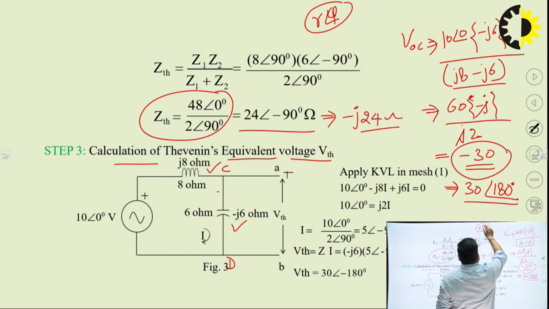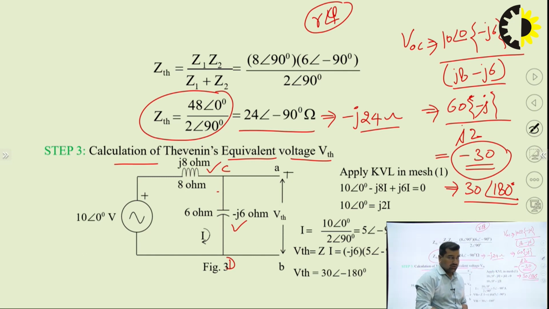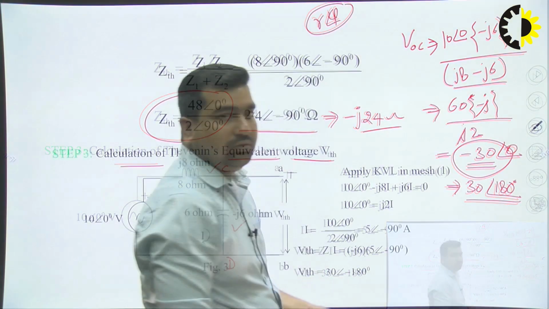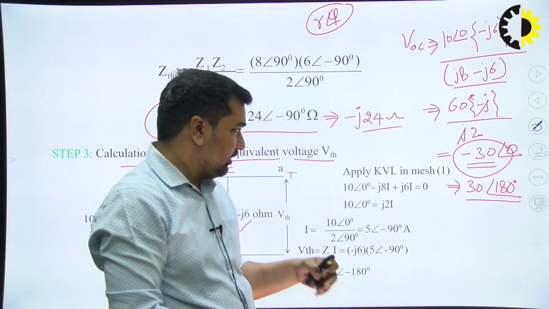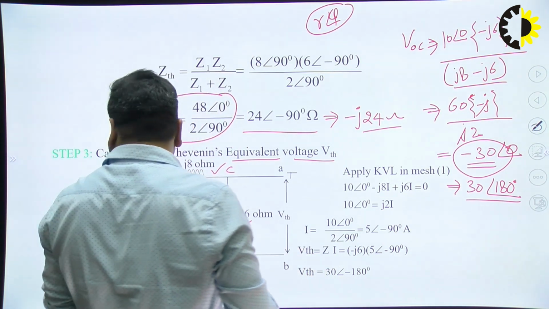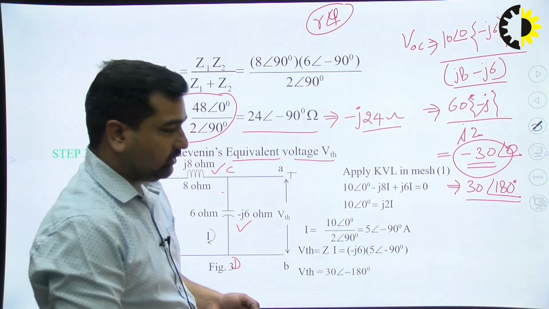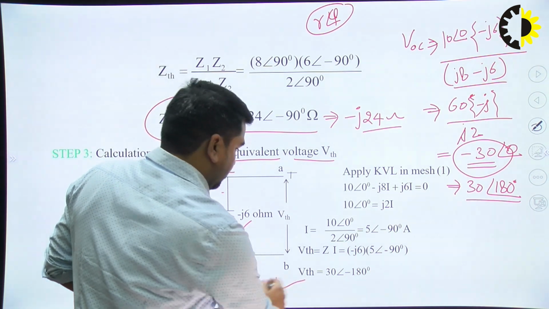R is your magnitude, which must be positive, and the angle we can change. If it is minus 30, we replace the minus and change the angle to 180. So here we have calculated the VTH.